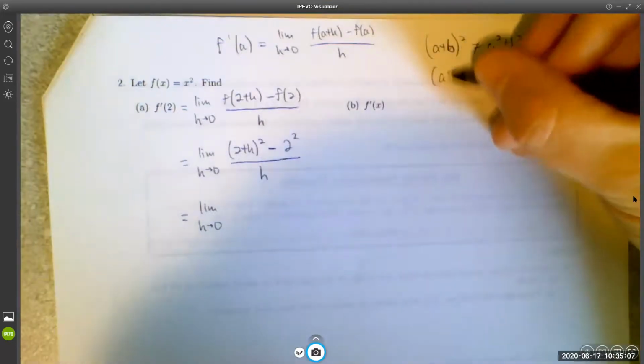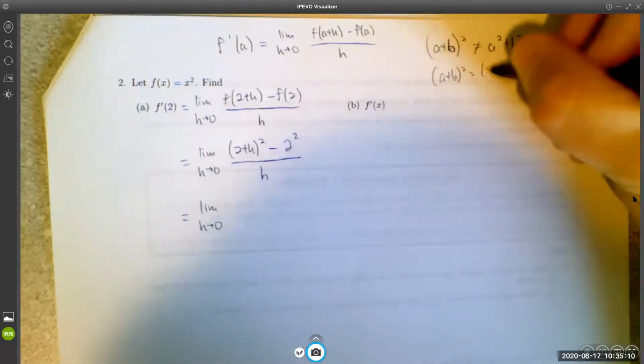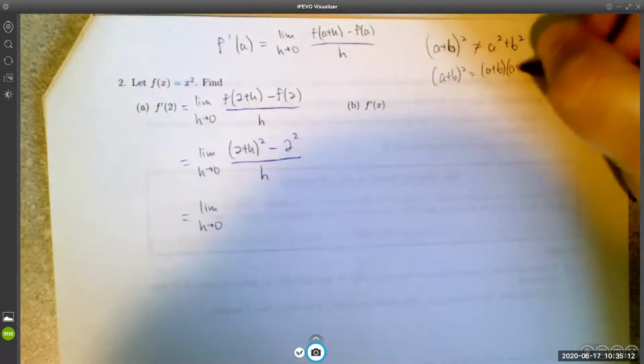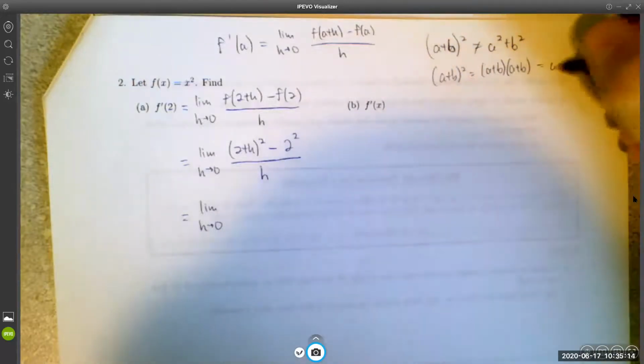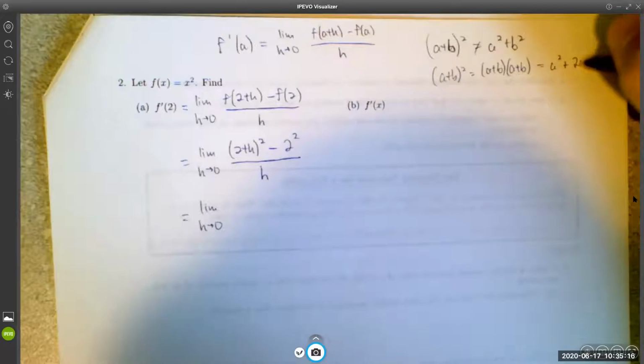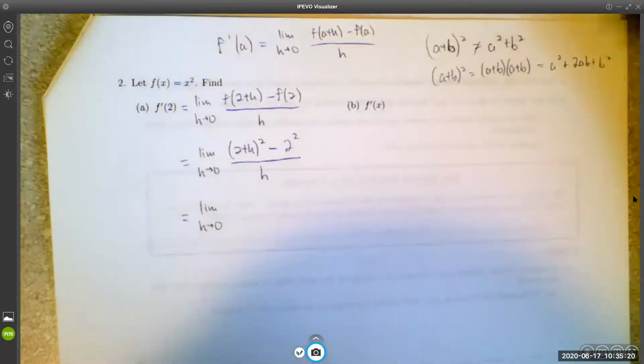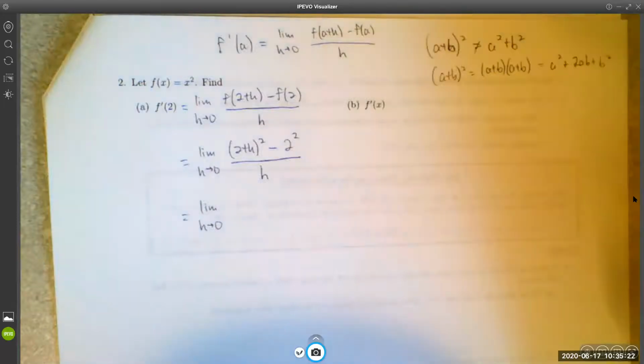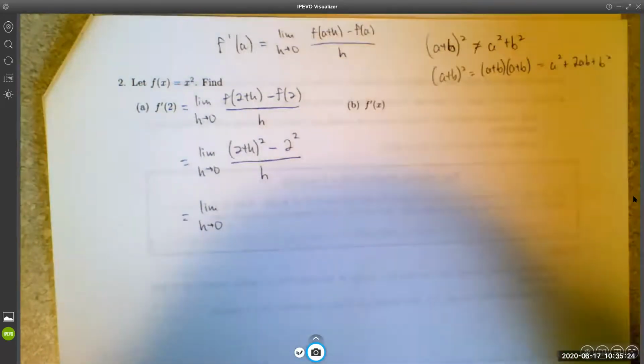A plus b squared, well, you have to FOIL that. You have to write that out twice and then FOIL it. And if you FOIL it, you discover you get a squared plus 2ab plus b squared. So you're missing this middle term if you just try to distribute the exponent, right? The exponents do not distribute across addition.